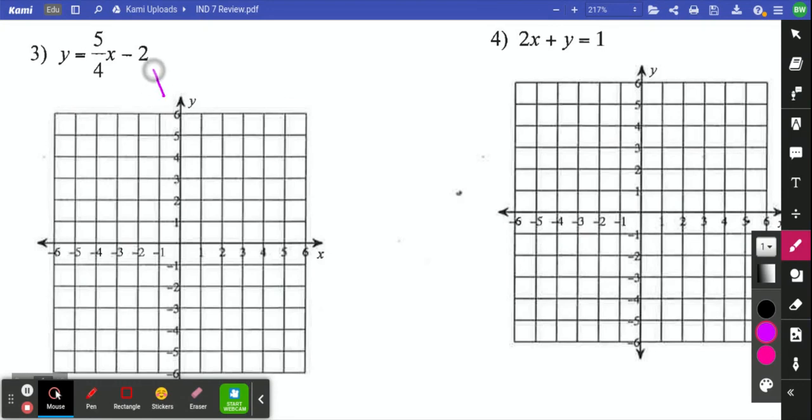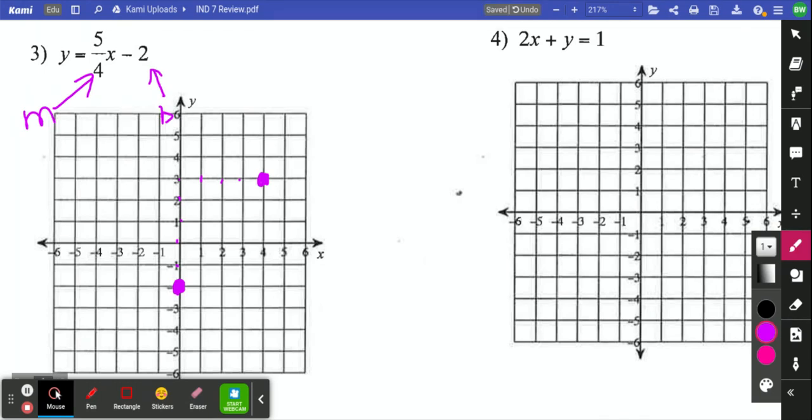We have our intercept here, and we have the slope here, 5/4. So our intercept is -2, so we go to -2 on the y-axis, and then the rise over run this time is 5/4. So 1, 2, 3, 4, 5 up, over 1, 2, 3, 4 from there, and that's it.